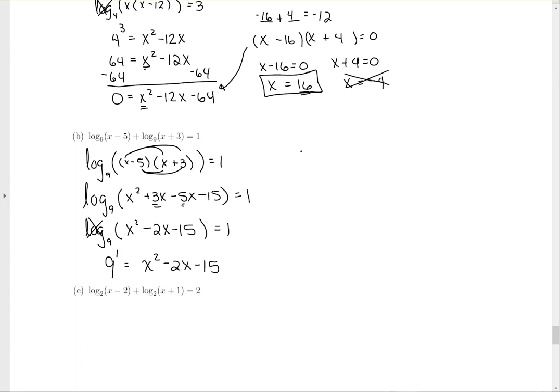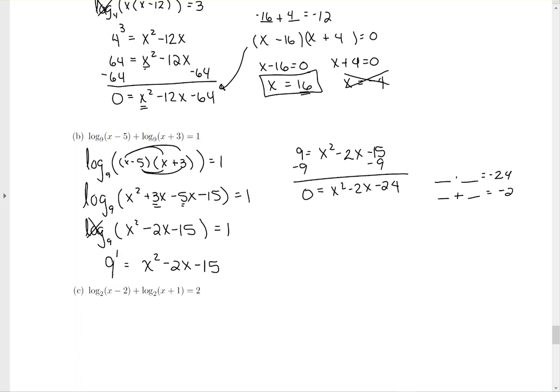9 to the 1 is just 9. But before you go and factor, again, you've got to have this set equal to 0. So I'm going to subtract 9 from both sides. All right, get minus 24. And then we're back to what multiplies to negative 24, but what's going to add to negative 2.